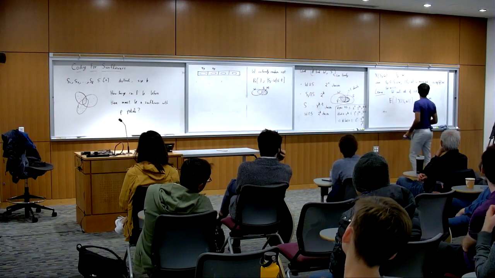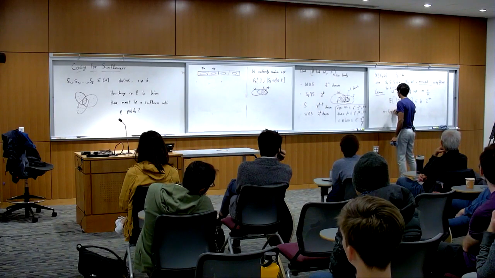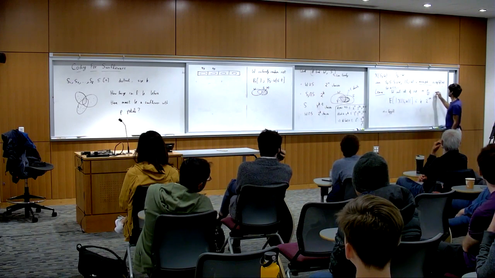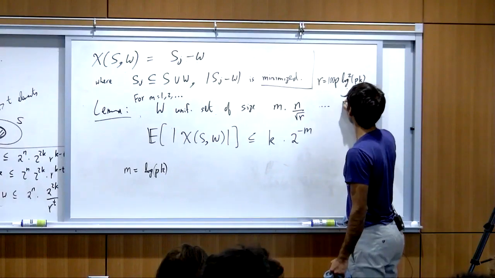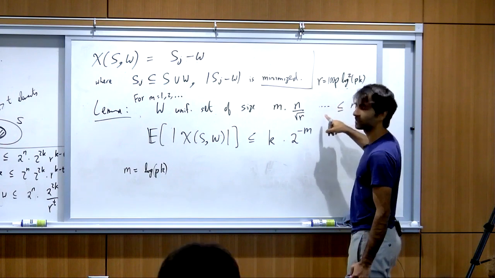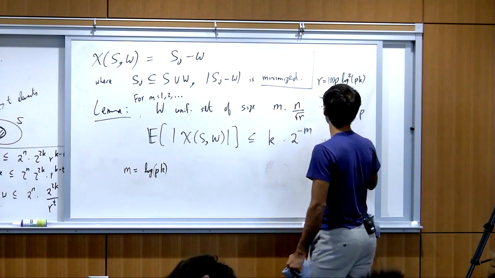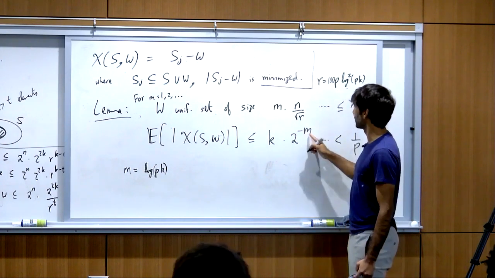Once you can prove this, it implies the old bound, because if you set m to be equal to log of pk, then you'll see that this thing becomes something that's less than n over p by the choice of parameters, and this thing becomes something that's less than 1 over p, because 2 to the minus m is like 1 over pk.